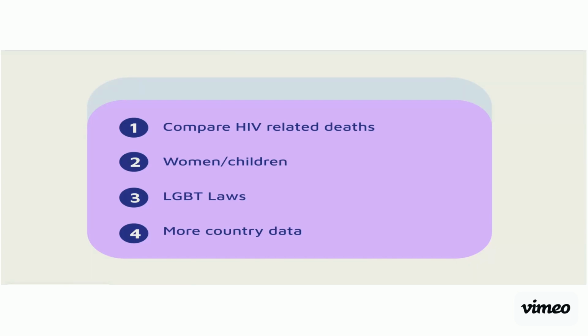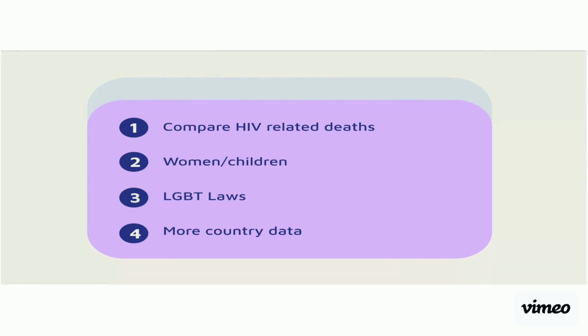I would like to look at how HIV affects women and children in the world, or the number of women and children living with HIV, and where that's different in different countries. Kind of going back to my reading connection, laws based around LGBTQ plus people, and if that affects the number of people living with HIV, or if that affects the number of people counted living with HIV.